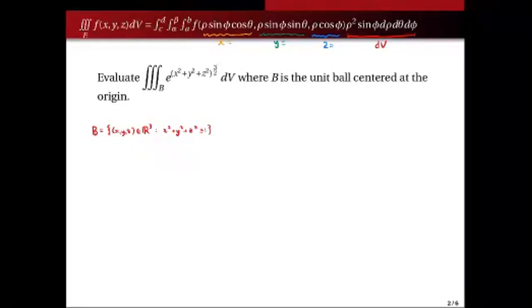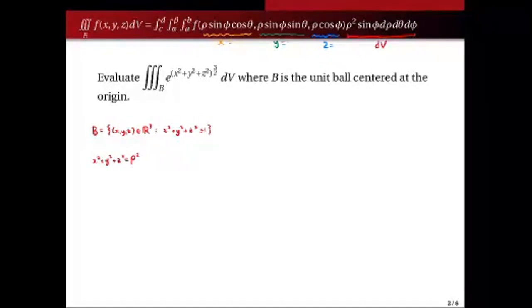Aside from this conversion here, we can easily calculate the following conversion. We have x squared plus y squared plus z squared equal to rho squared.